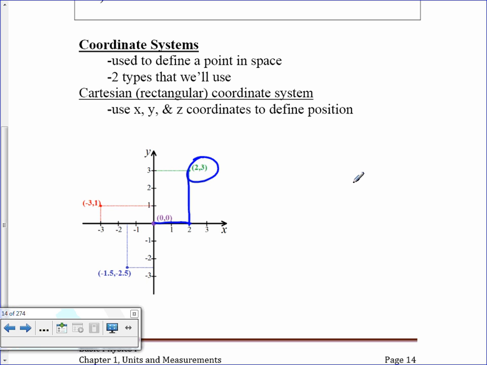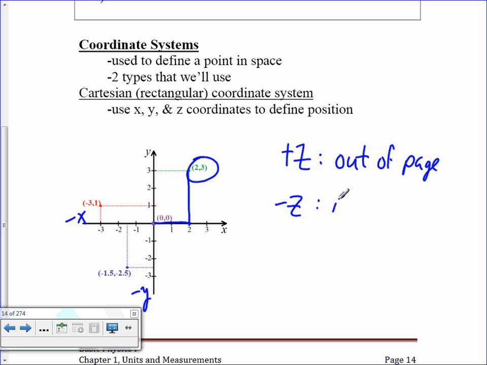We'll take a right-handed coordinate system. That means that right is positive, up is positive, and likewise, contrary to that, left is negative, and down is negative. Out of the page, plus z, is going to be positive. That's out of the page. And negative z will be into the page.